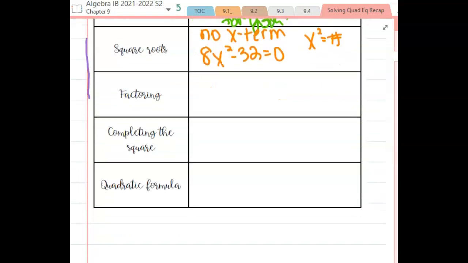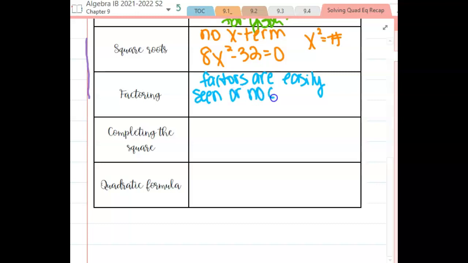Okay? Now, if you can't do the square root method, in my opinion, the next easiest method is going to be to solve by factoring. So we can't solve every equation using factoring, but you're going to want to use factoring if factors are easily seen, or if there is no C term.